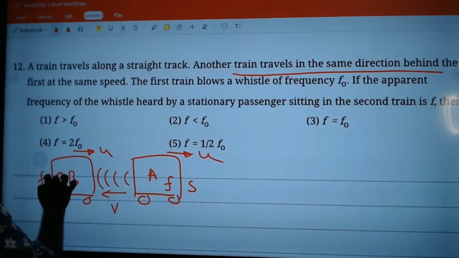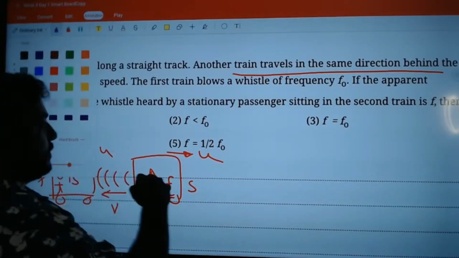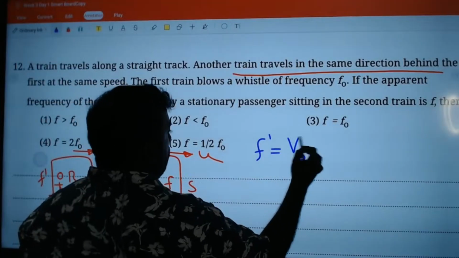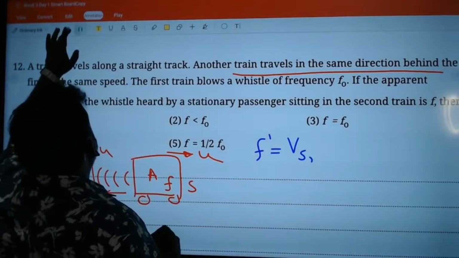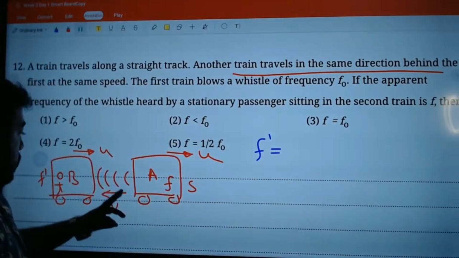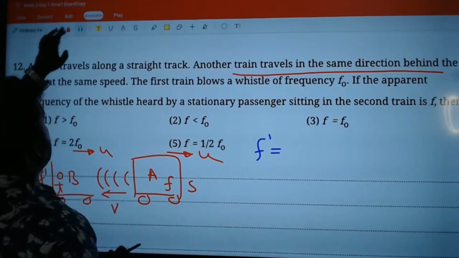F dash. So all of you know the basic rule, no? F dash is the velocity of sound with respect to observer divided by the velocity of sound with respect to source, times actual frequency. So who is the source, who is the observer?